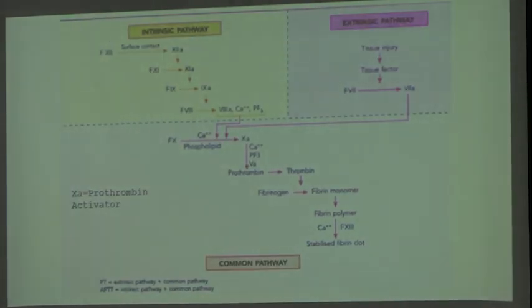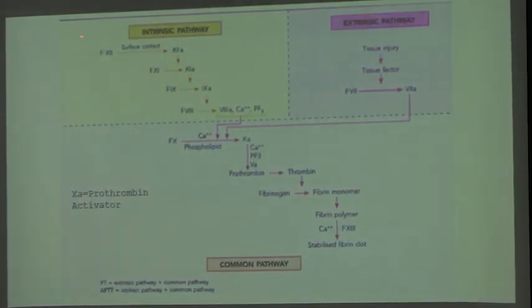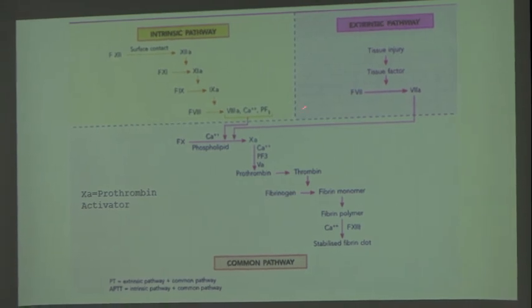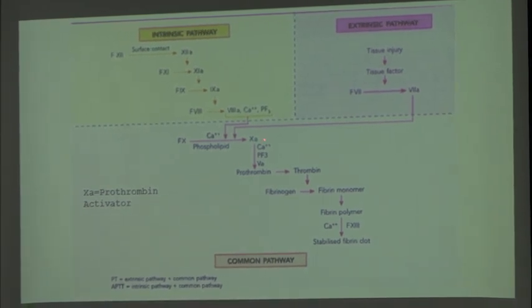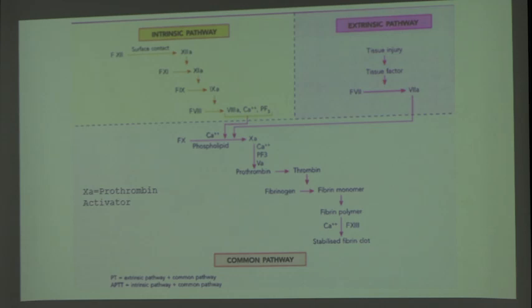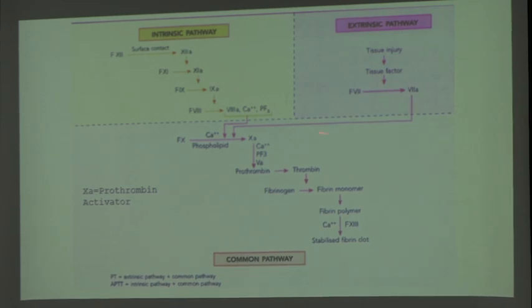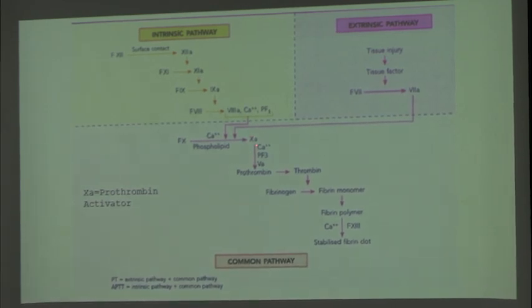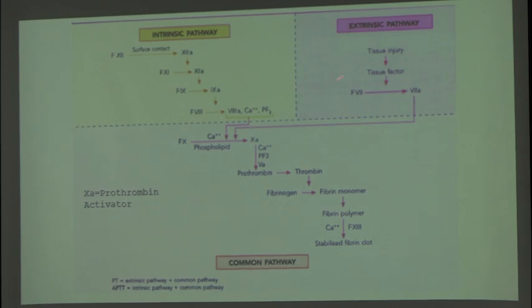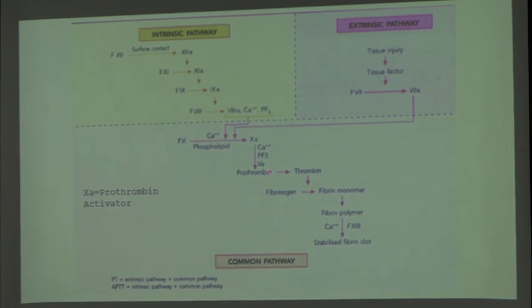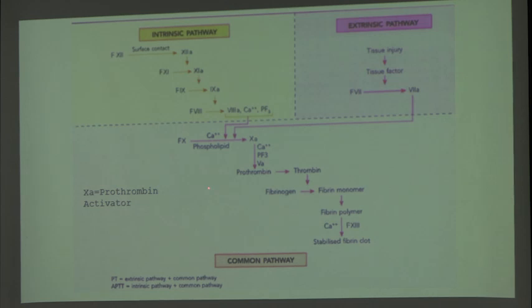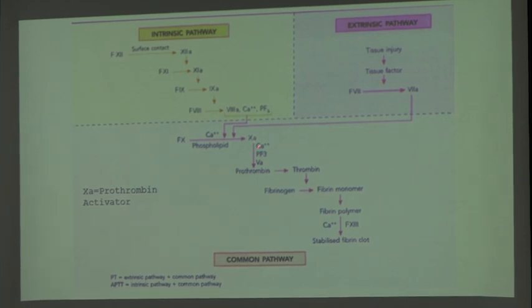Now see, this is the intrinsic pathway for the formation of 10A, and this is the extrinsic pathway for the formation of 10A. So this 10A is coming from this source and also from this source. Now they will follow the common path. The second phase is this: 10A will convert prothrombin into thrombin.